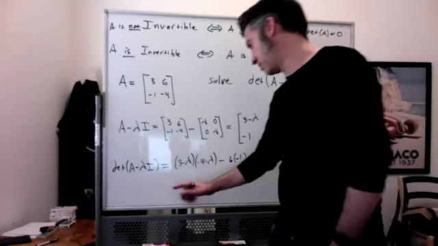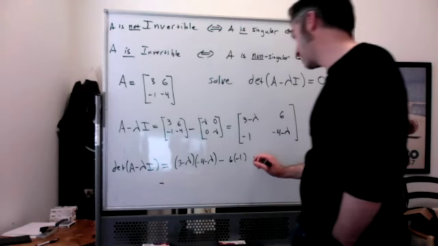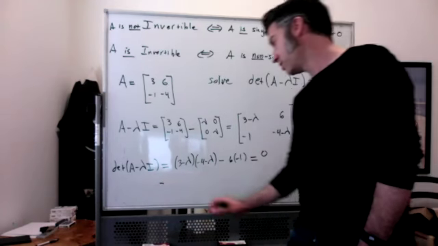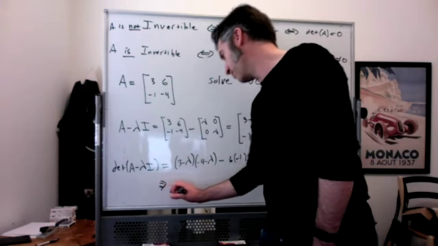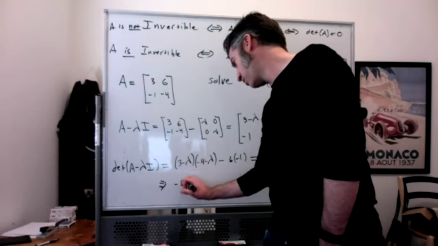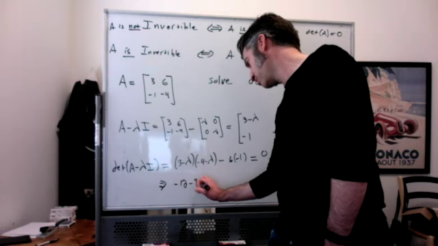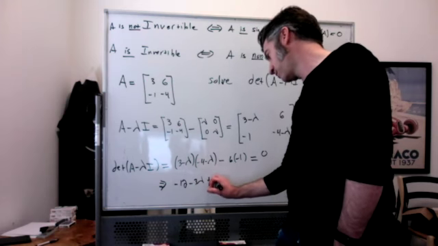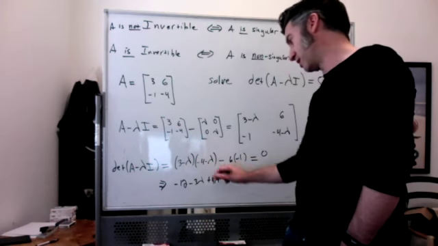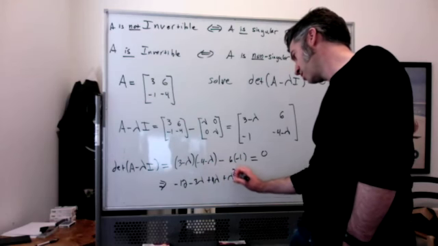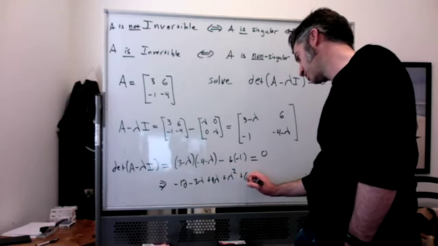Let's multiply this out, and we're going to set this equal to 0. We get 3 times -4, 3 times negative lambda, negative lambda times -4 is plus 4 lambda, negative lambda times negative lambda is plus lambda squared, and minus 6 times -1 is plus 6, equal to 0.